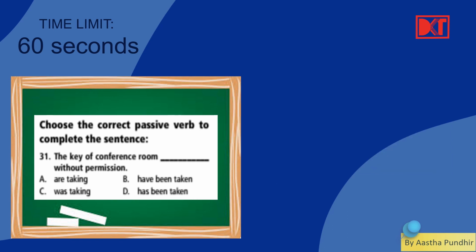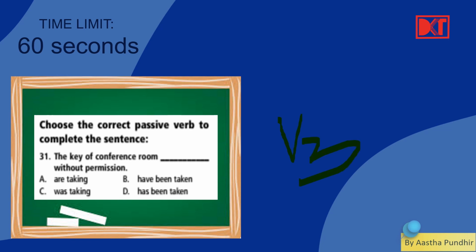Okay, here are the last two questions, which are the HOTS questions. We just have to choose the correct passive verb. Let's see. The key of conference room dash without permission. Are taking, have been taken, was taking, or has been taken. Now, first of all, we have to talk about the past participle, the V3 form.